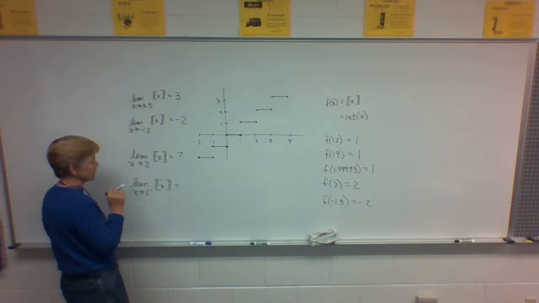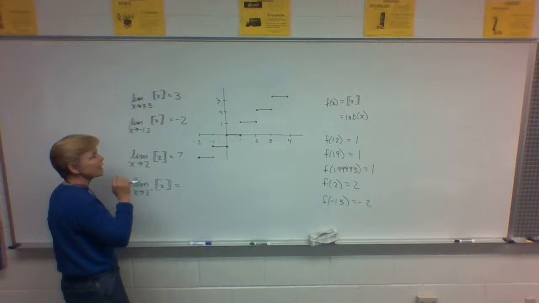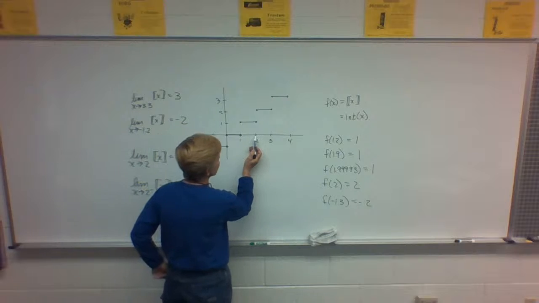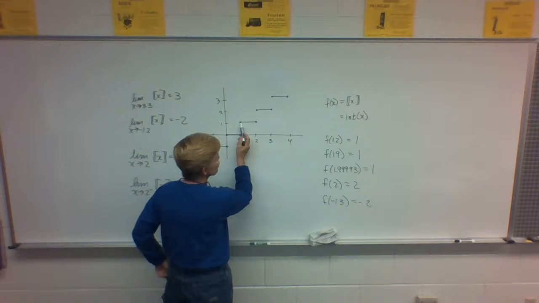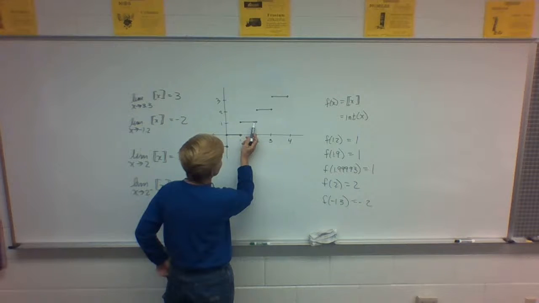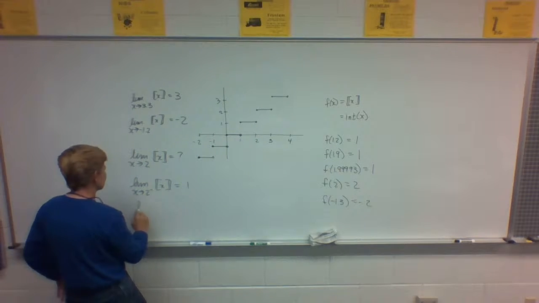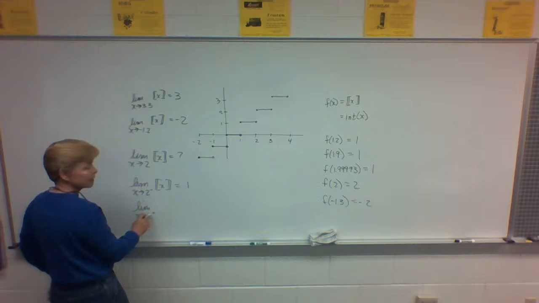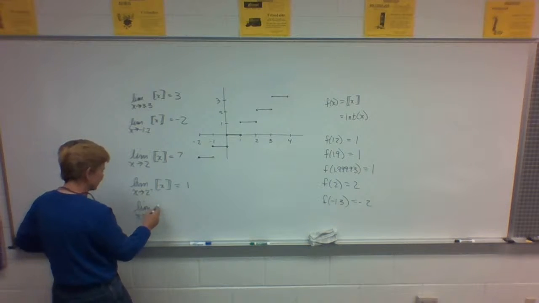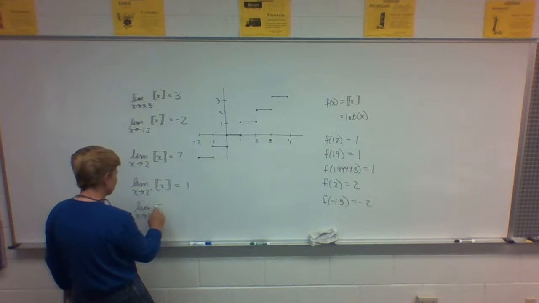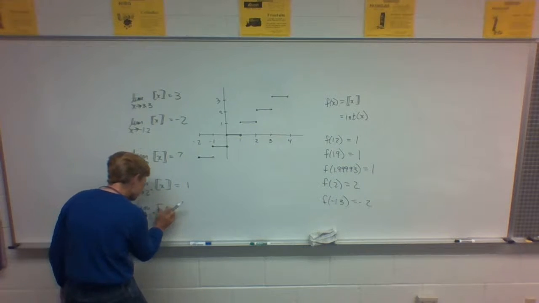What's the value as we get closer and closer to 2 from the left side of 2? We get on the graph to the left side of 2. That's this piece right here. So we're on this one like a little bug, getting closer and closer to 2. What's the y value that we're getting closer to? 1, and it has been 1 all along. And so this is 1. What happens as we find the limit as x approaches 2, and we use a plus sign in the exponent position? I know it's not an exponent, it means from the right, of int x. What is that? 2.